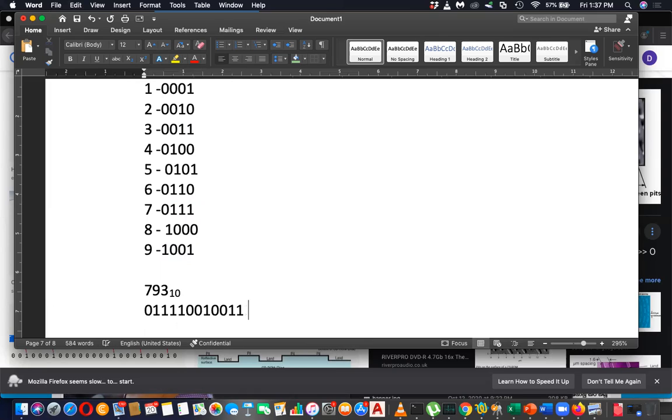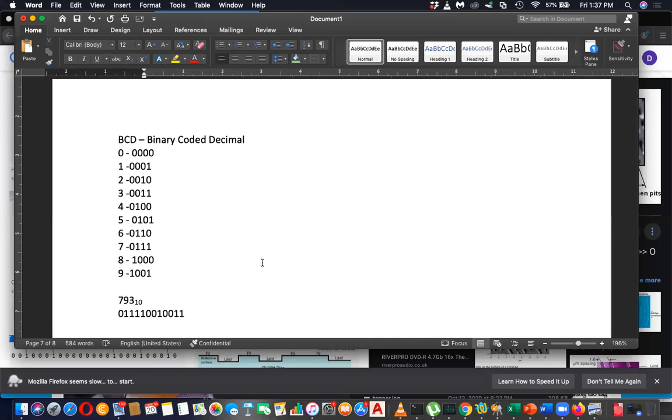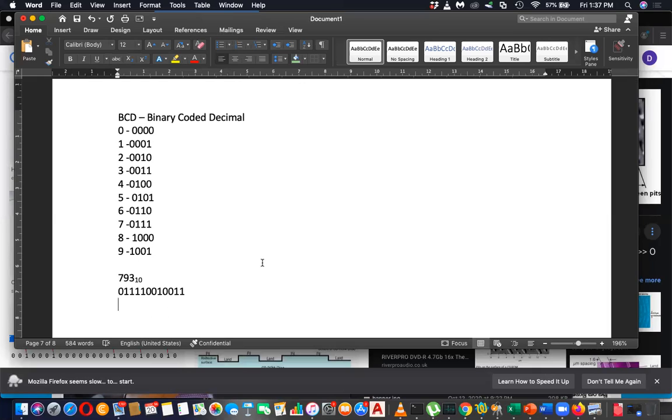You are not going to write base 2 here, because in BCD you don't even mention the base. You simply write the binary code related to each digit using this BCD table, similar to how we converted from binary to hexadecimal and hexadecimal to binary.